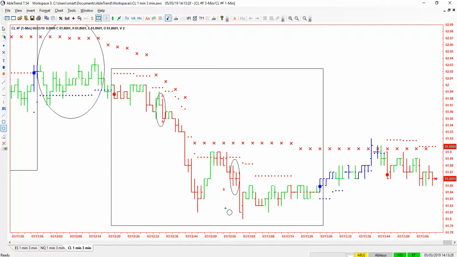But if I'm out on that green bar right there, which I would have got stopped out anyway, I would have made a little profit from here to here, even though this went all the way down. See that?